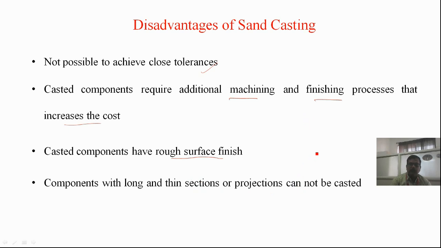Yes, practically there is no limit on minimum and maximum size, but certain care and precautions should be taken while casting the product. Long and thin sections cannot be done by casting, because the hot metal has to move in the cast cavity, and if it solidifies in the long and thin sections, it cannot pass to the other end. Therefore long and thin sections cannot be cast.